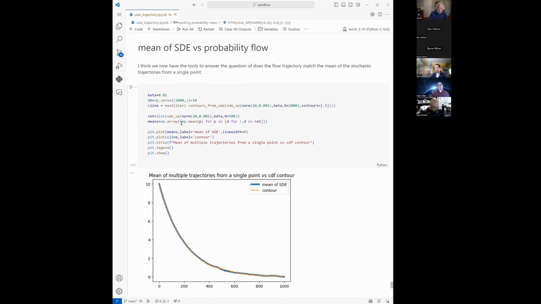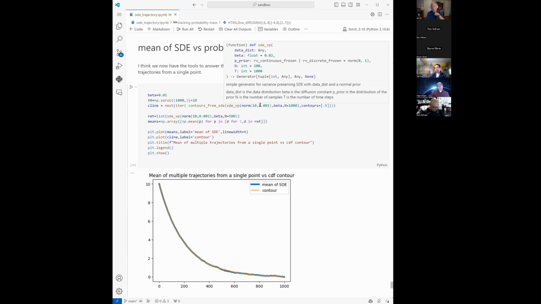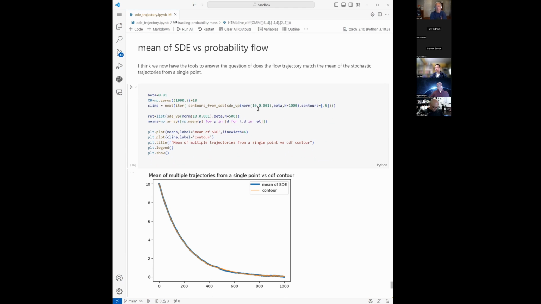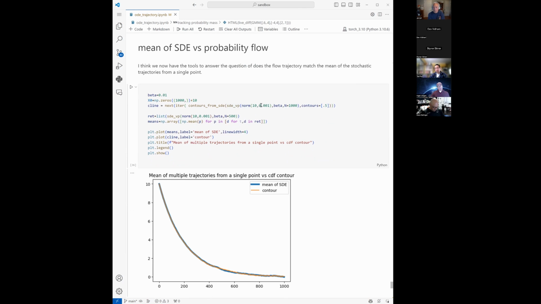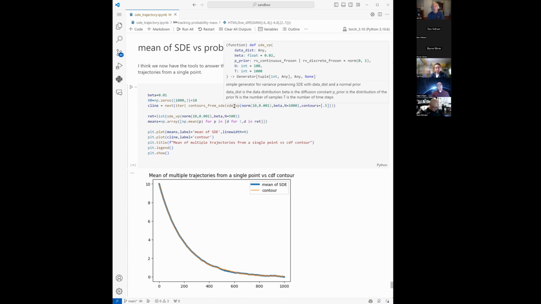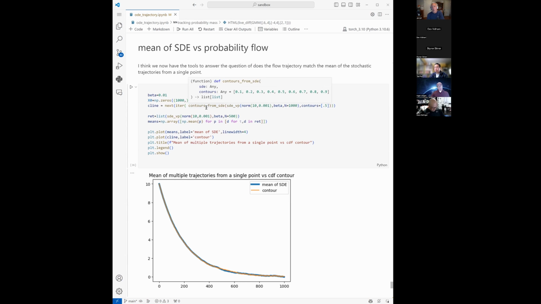Basically we go through and run a bunch of points, 1,000 points here. We're starting with a mean of 10 and a variance of 0.001, so point density up at 10. I'm running the SDE, using a diffusion with the variance preserving parameters, and generating the contours from that.